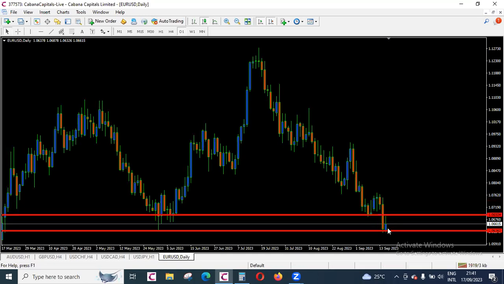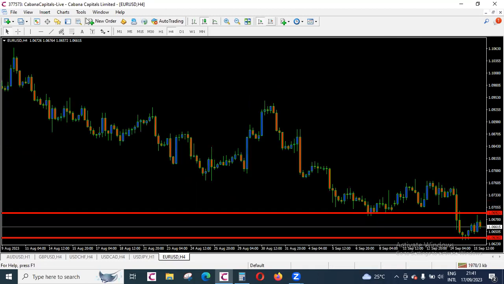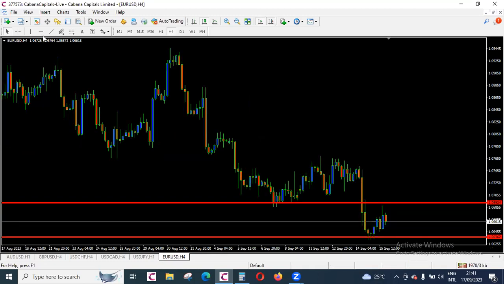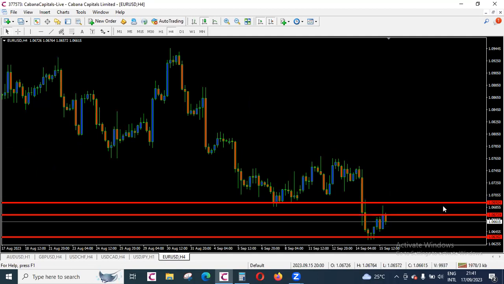Let's go down to 4 hour to identify a resistance on 4 hour. So this is the most recent resistance on 4 hour. So this becomes our resistance zone. So we should consider buying above this zone.